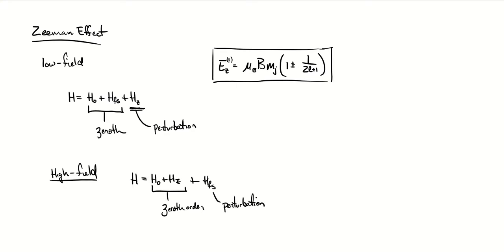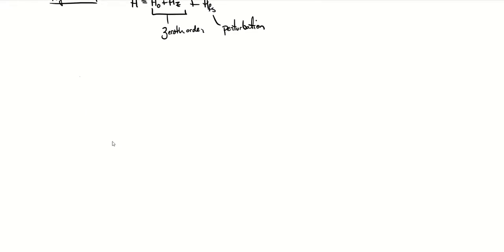So the first thing we have to do is determine what our zeroth order states are. If we recall, that Zeeman Hamiltonian is equal to mu_B times the magnetic field strength over h bar times the orbital gyromagnetic ratio times the z component of the orbital angular momentum, plus the electron g factor times the z component of the spin angular momentum.